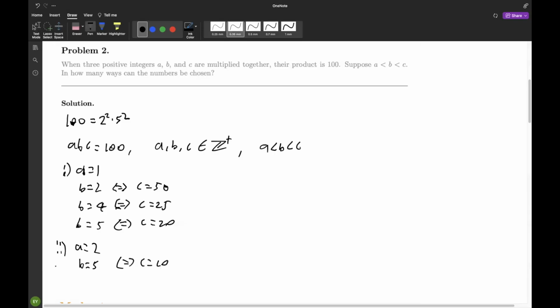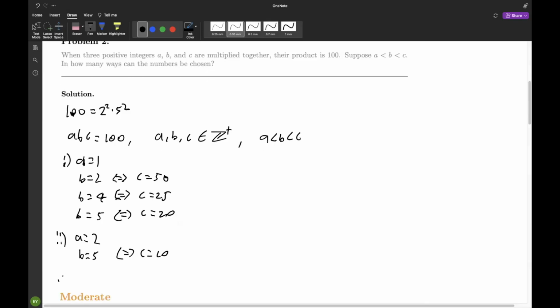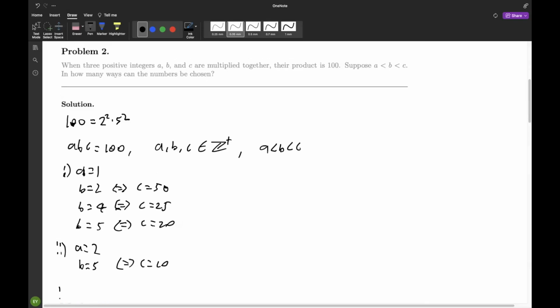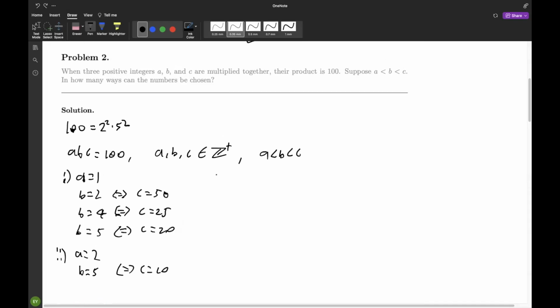And our next case is, well, actually, we don't have to try from here anymore, but just to illustrate why we don't have to try, I will continue. So our third case is when a is equal to 4. Then b equals 5, and c equals 5, but it doesn't work.